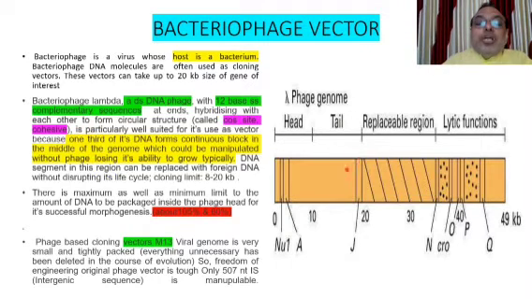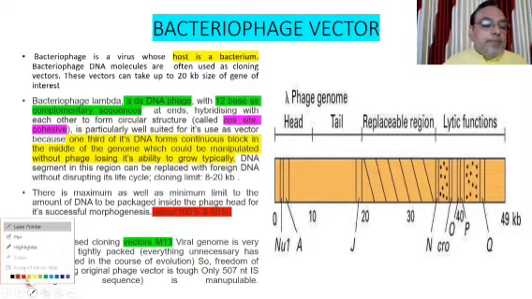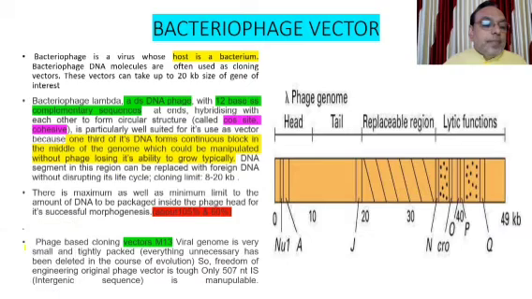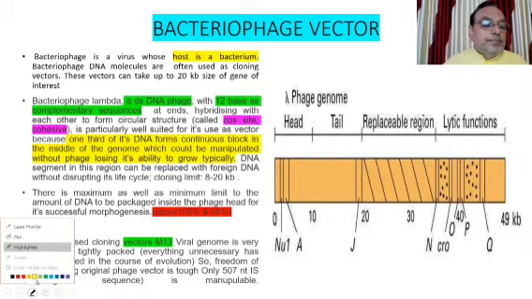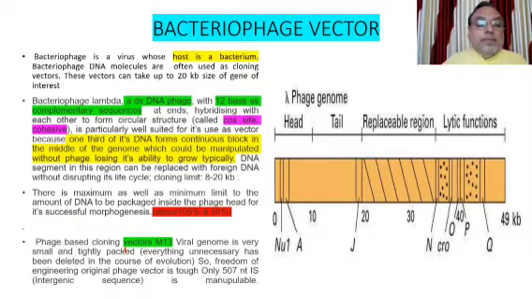Then another feature which helps tremendously in employing the lambda phage as a vector is that its central region, from here to here, is devoid of any vital genetic information.